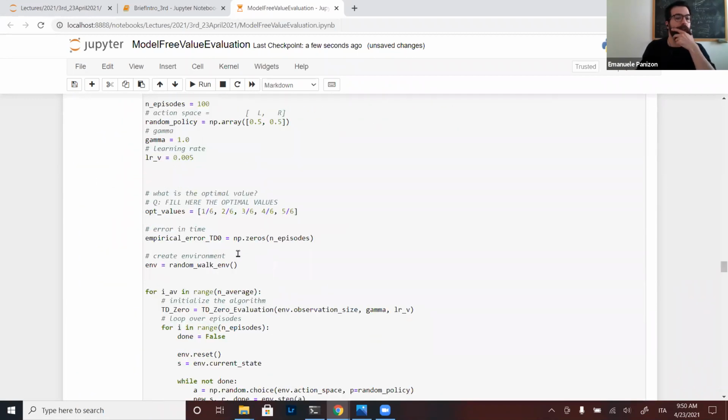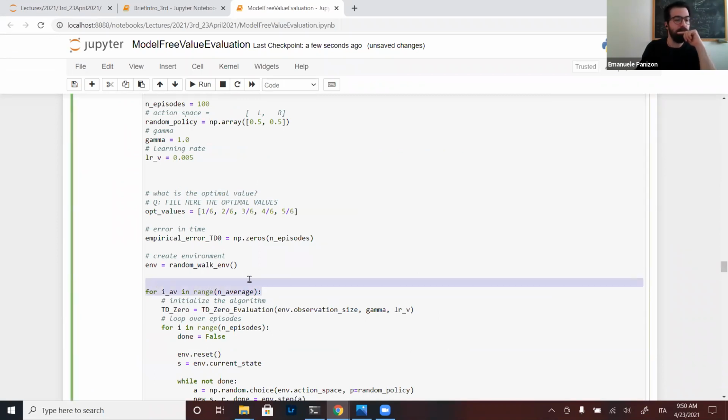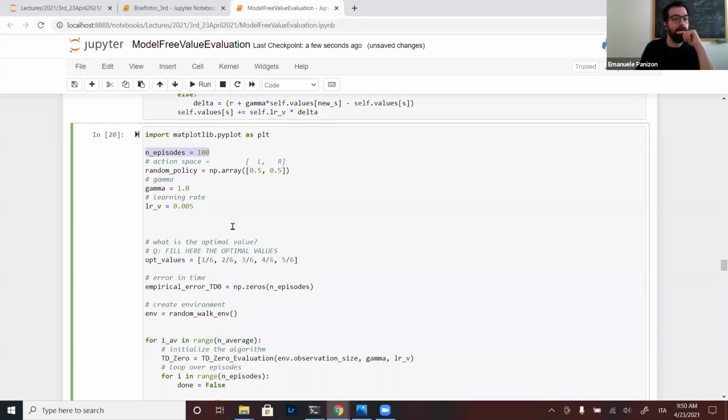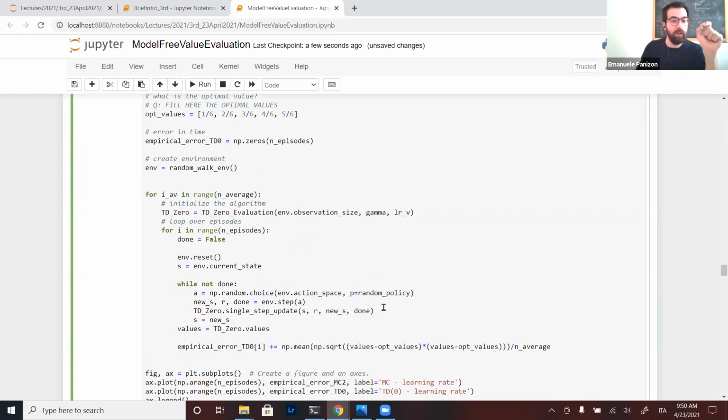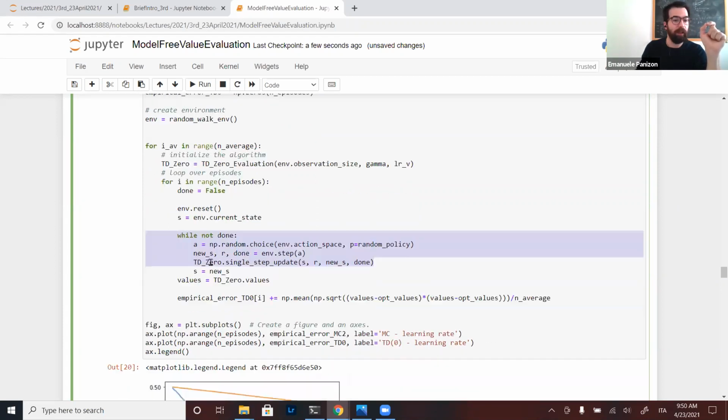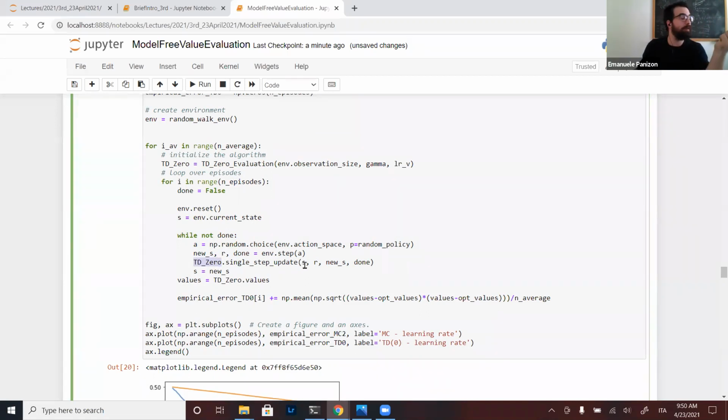Here is the evaluation. What I do is the same as before. I do 50 runs of averaging, and I do 100 episodes. Now I compare the results I get with this temporal difference 0, which you just take every step. You see now, instead of waiting for the end of the episode, at each step, I'm saying, okay, I have a new state, new S, I have the old state S, I have a new reward R. I can ask the method of temporal difference 0 to do a new update of the value.